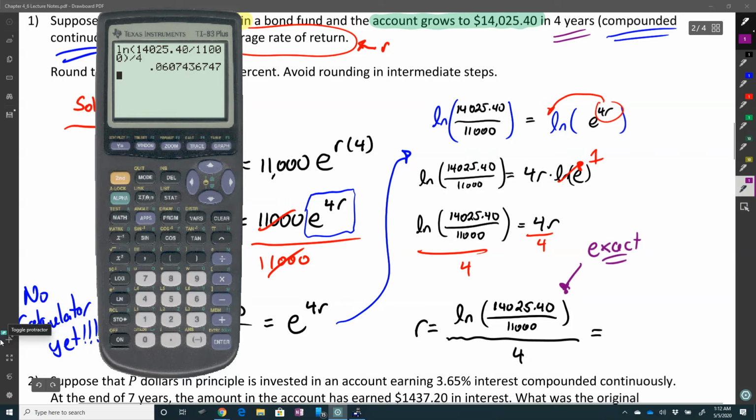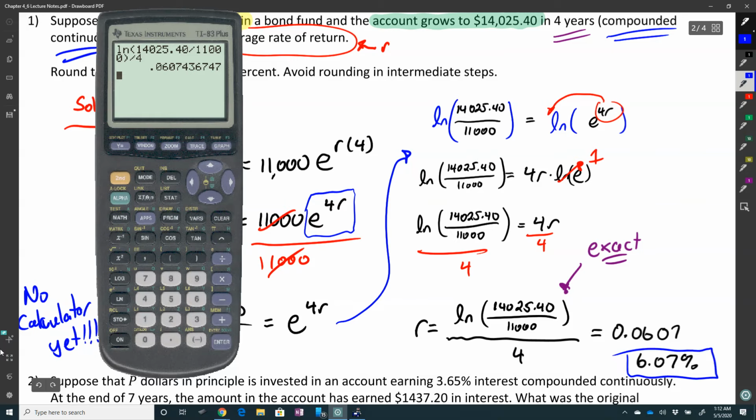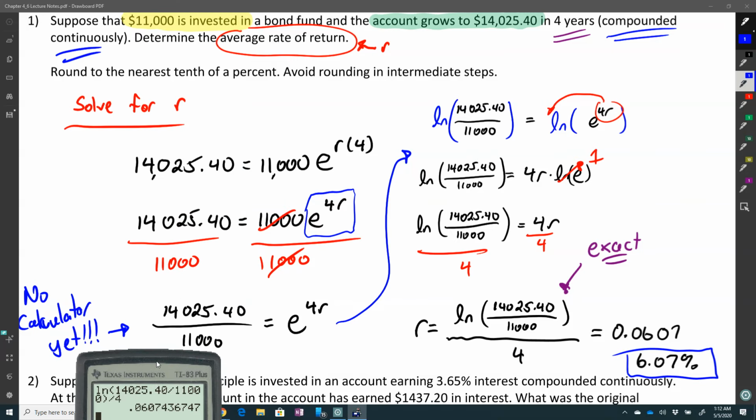So 0. And this, remember, is going to be a number that we convert to a percentage. So I'm going to do 4 decimal places, 0.0607, so that I can convert that to a percentage, 6.07%. Okay, so the rate of return is 6.07%.